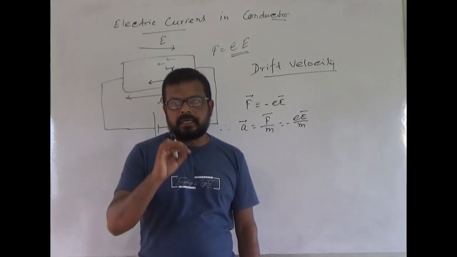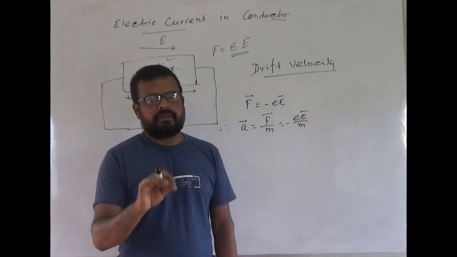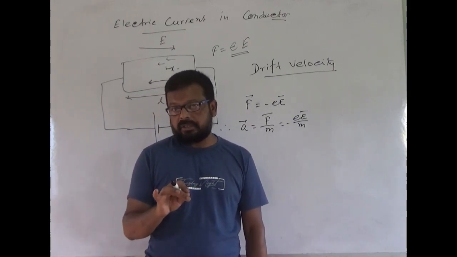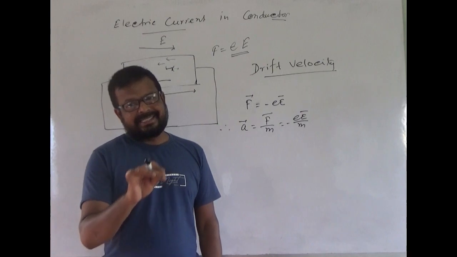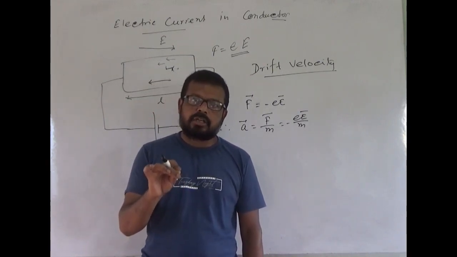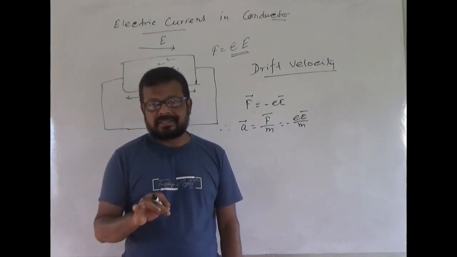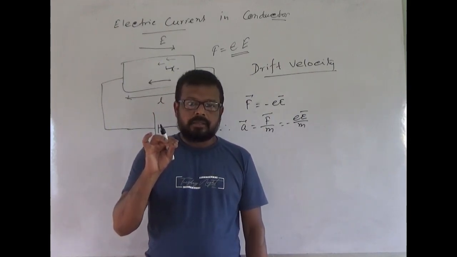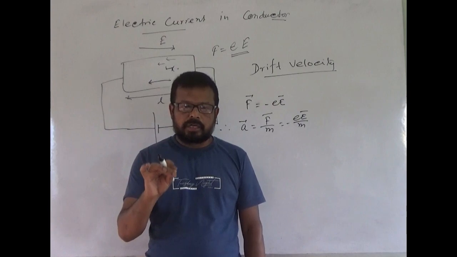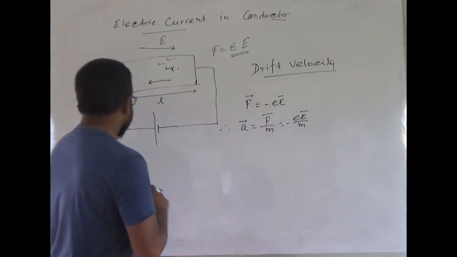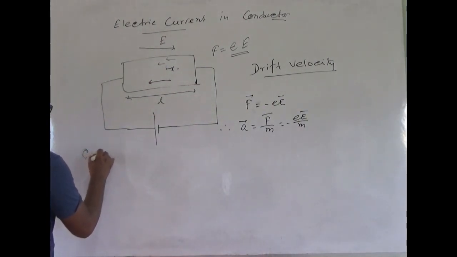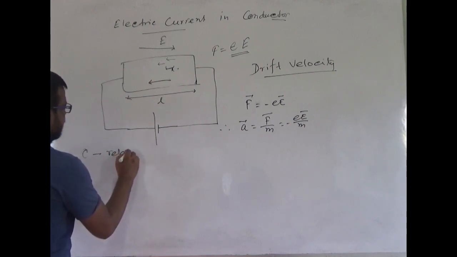So the average time interval between two successive collisions between the electron and the positive ions of the conductor is known as mean free time, or relaxation time, and it is denoted by tau.